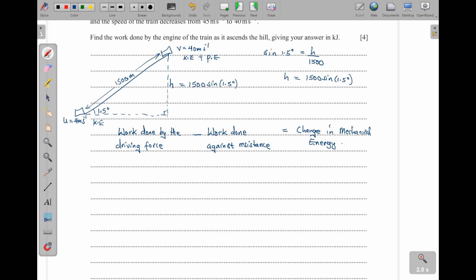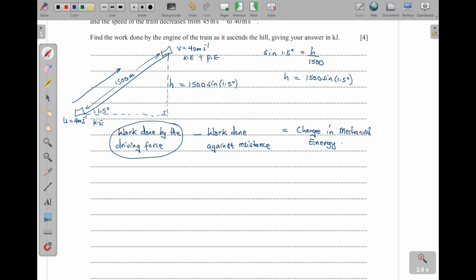Okay, why do we have something like this? It's because as this one is going up, it is applying a force to go up. So there is work done by the driving force.